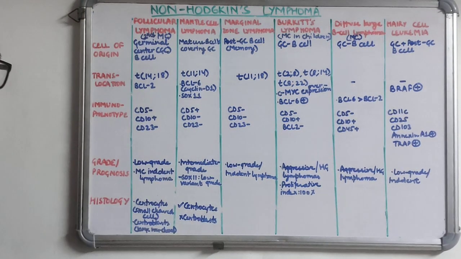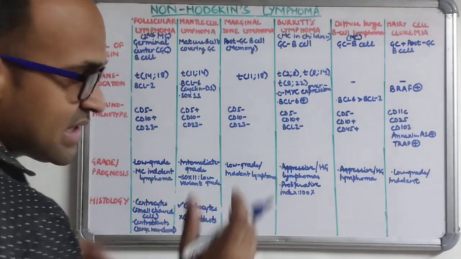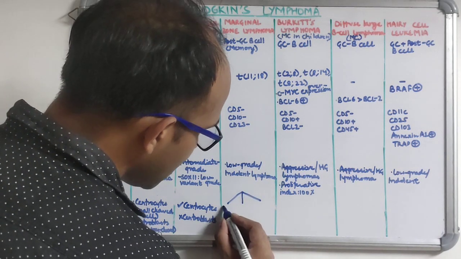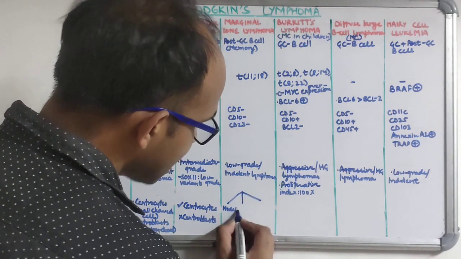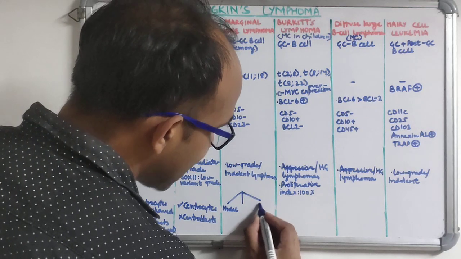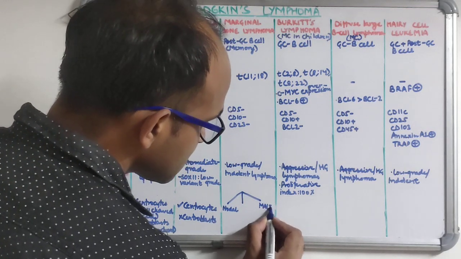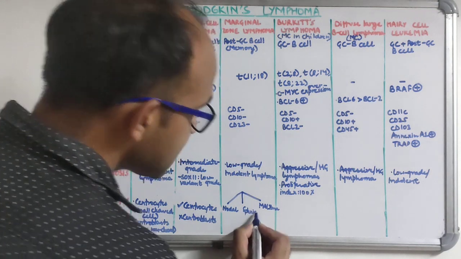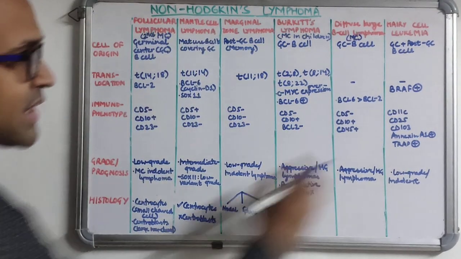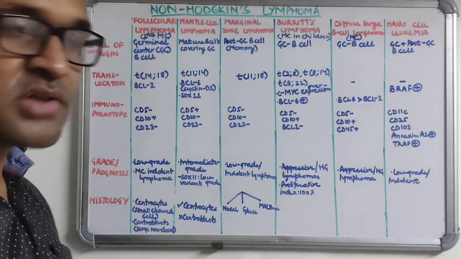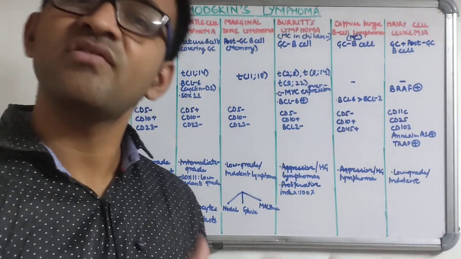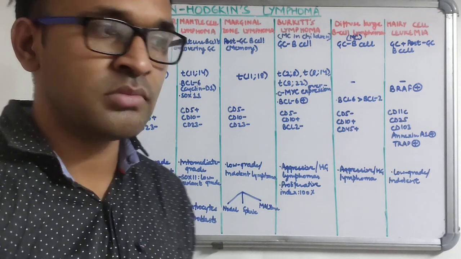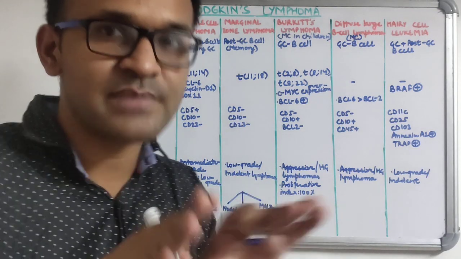In marginal zone lymphoma, there are basically three varieties. We'll discuss them in the clinical features. One is nodal, one is extranodal, which we call maltoma, and one is the splenic variety. The splenic variety mimics hairy cell leukemia because it can present with splenomegaly and pancytopenia, and in peripheral lymphocytes there are hairy villous projections.